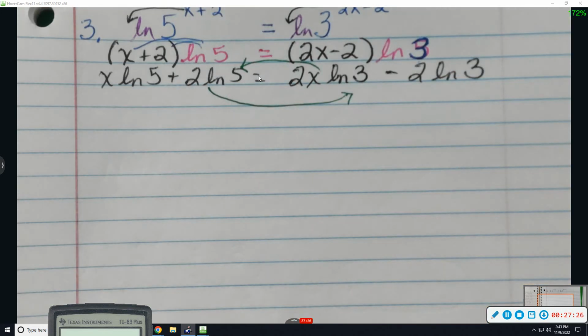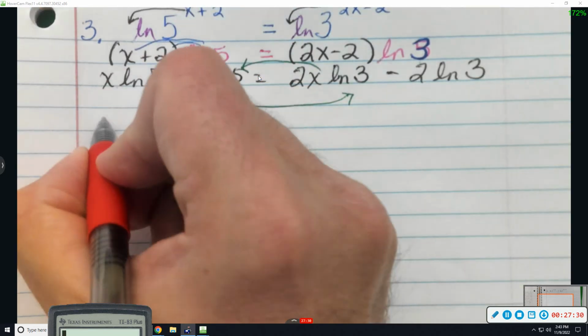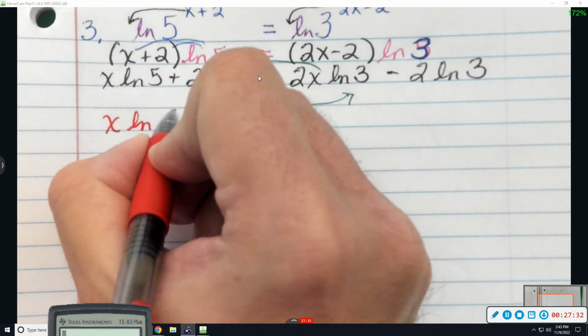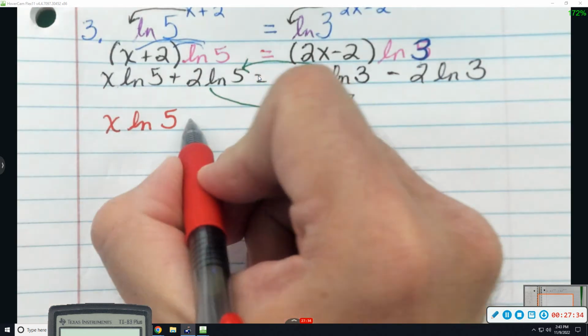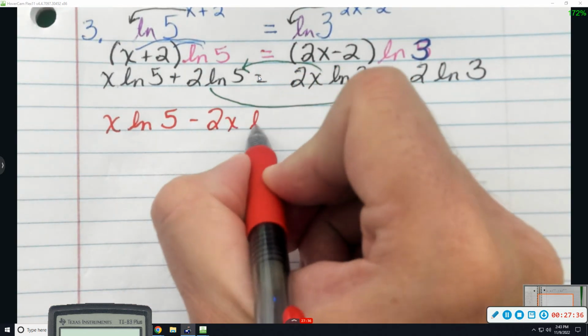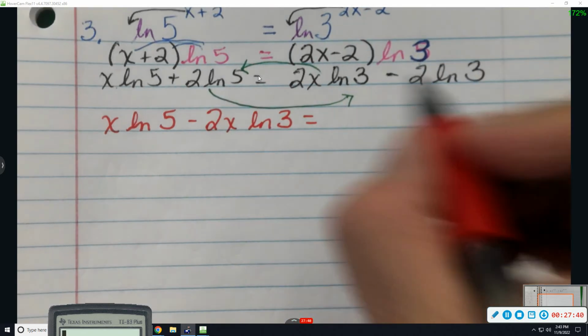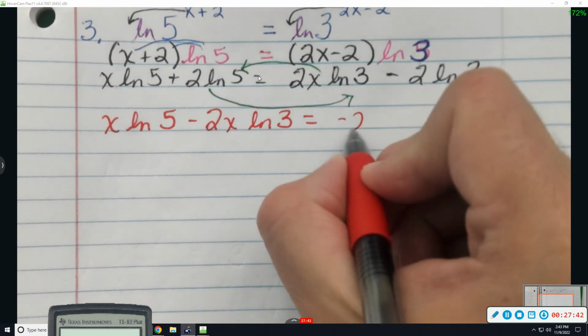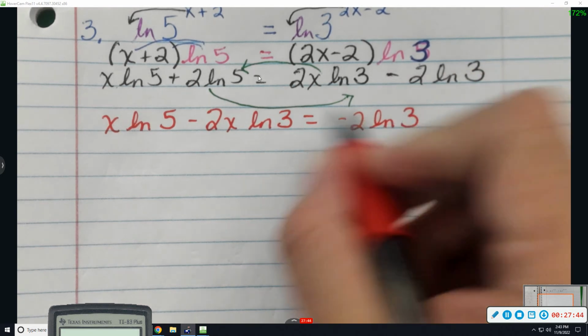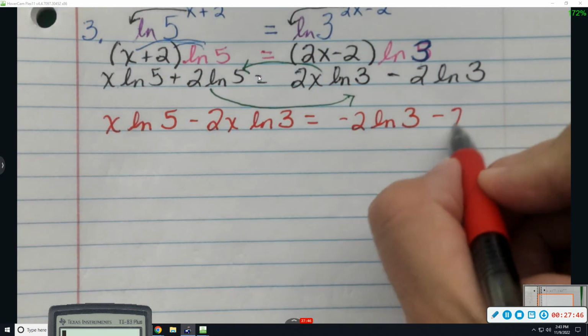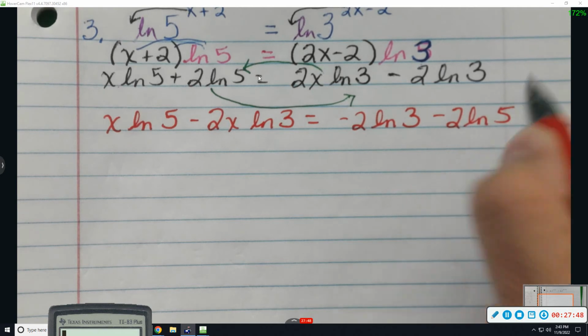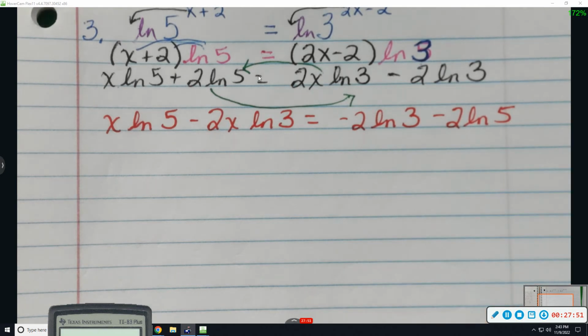So let me write it out. We have x ln 5, and then a minus 2x ln 3, and I'll go ahead and write the negative 2 ln 3 before the minus 2 ln 5. If you want to do it the other way around, negative 2 ln 5 minus 2 ln 3, that is perfectly fine.